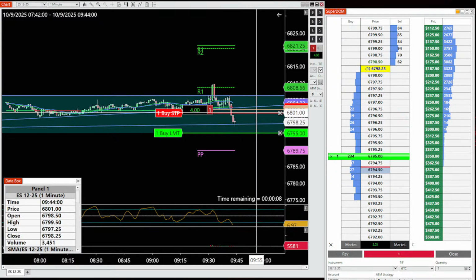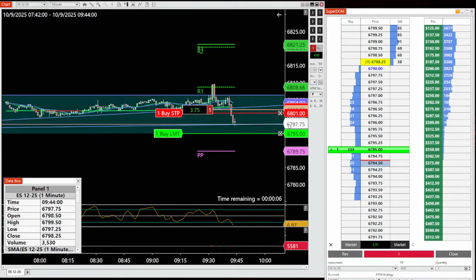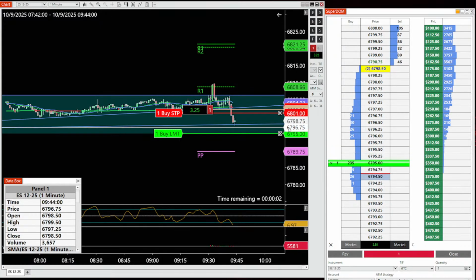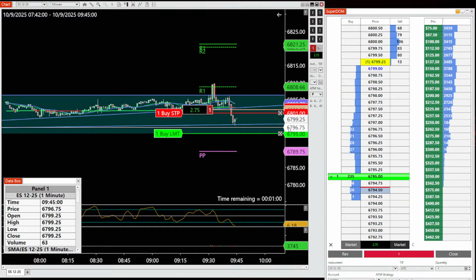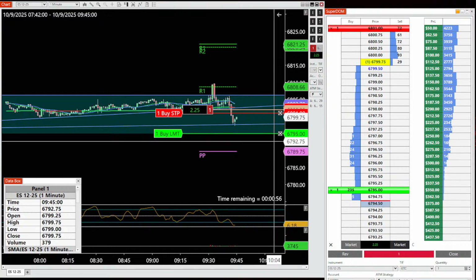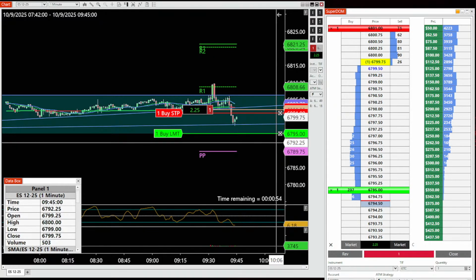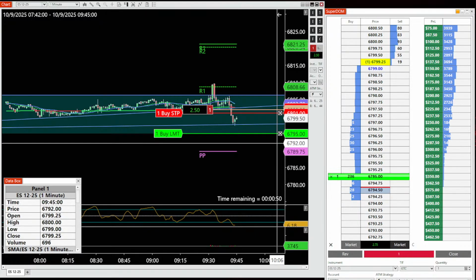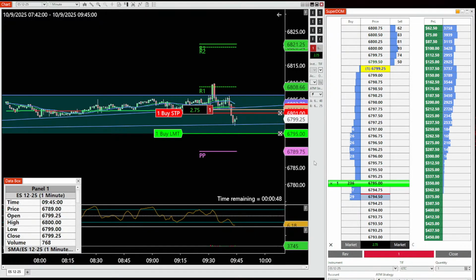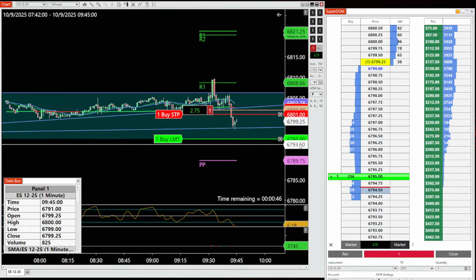I don't want it to come back, so I'm gonna move my stop down some. It's about to come back up because that trend line may hold. Because I'm still bullish on this day.